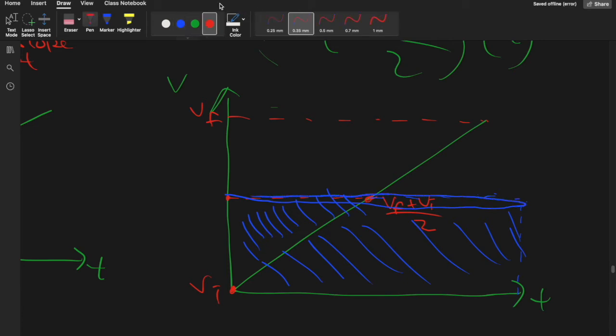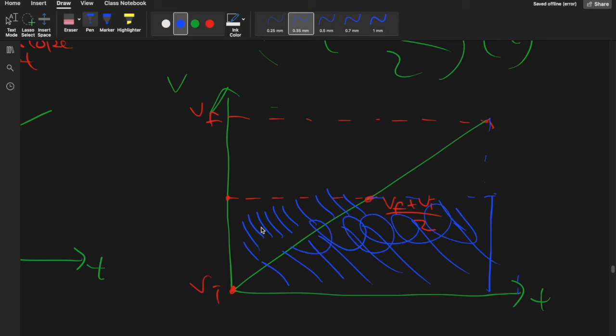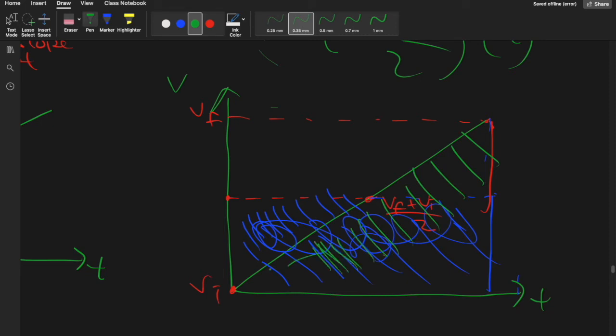But from our previous study of motion diagrams, we know this area. Oh, sorry, it's just my bad drawing. Let me erase something. So the equation calculates the blue area. From our study, we know the displacement is actually this area in blue. So what does the equation exactly represent?